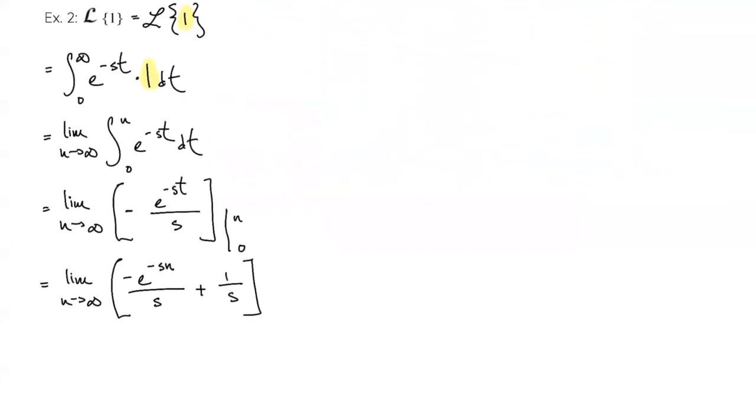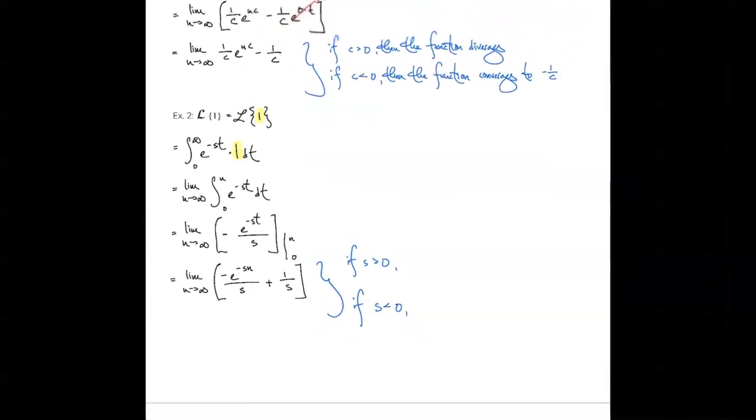And so let's think about in parallel what happens over here. Okay. So over here, if S is, let's say, greater than 0, and then let's separately consider if S is less than 0. All right.